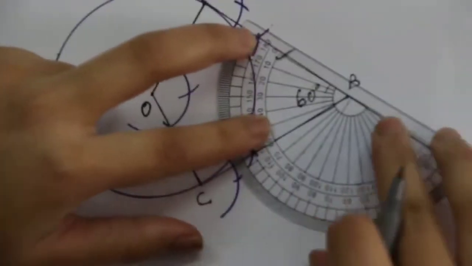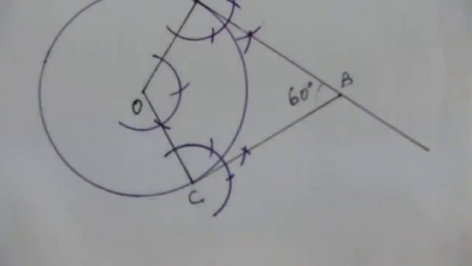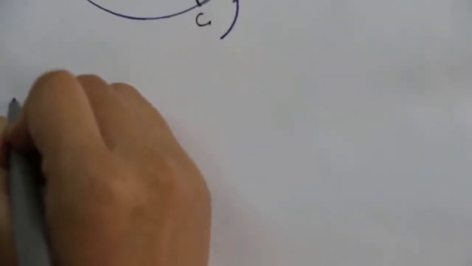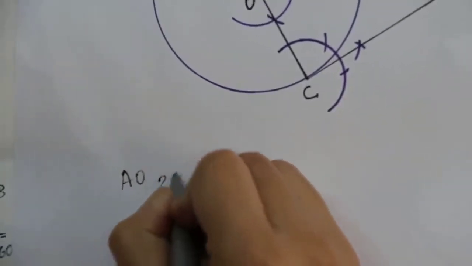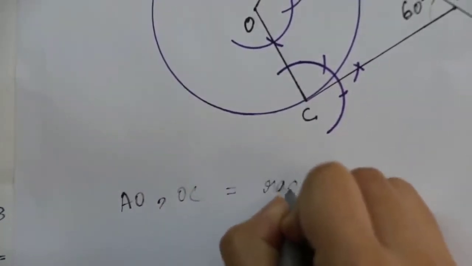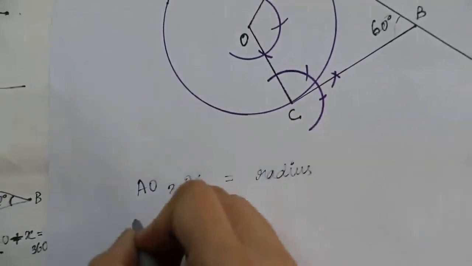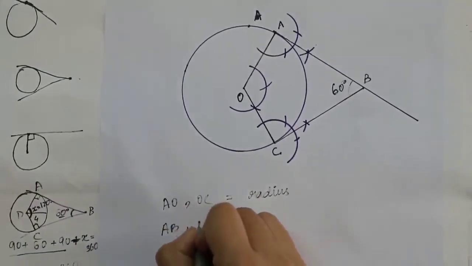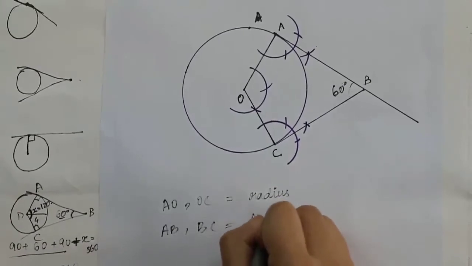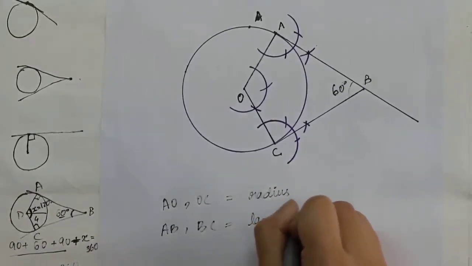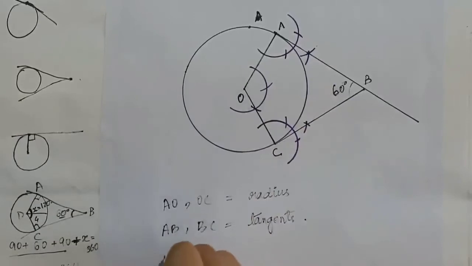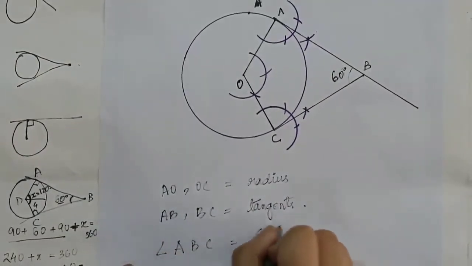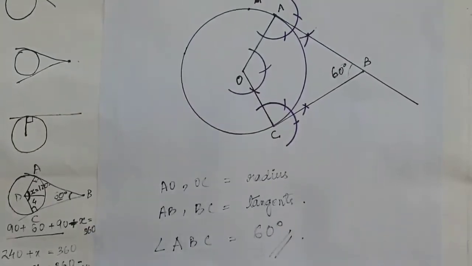So you will get 60 degree. Therefore you can just write here: AO and OC are radius, AB and BC are the tangents, and angle ABC is equal to 60 degree. This is the required construction.